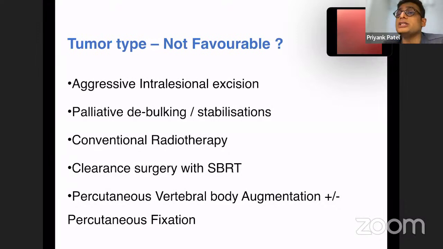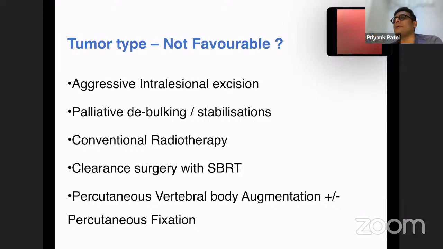There are other surgeries also, and that is basically clear the tumor from the cord and give high dose radiation in terms of SBRT, that is stereotactic body radiation therapy, wherein high dose radiation is given to that area to kill off the tumor. So here you're not removing the tumor, but you're killing it with radiation.